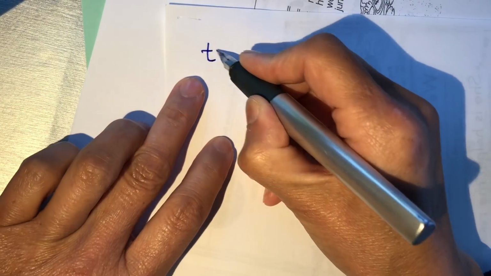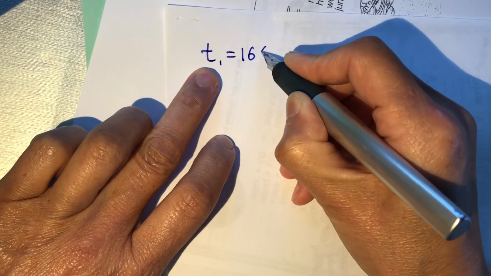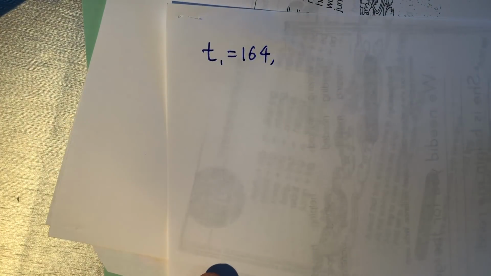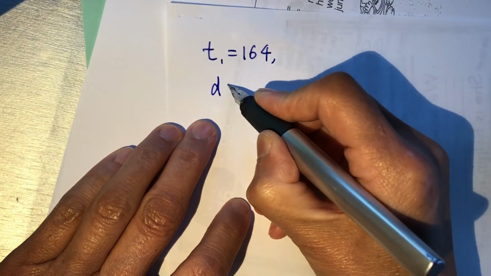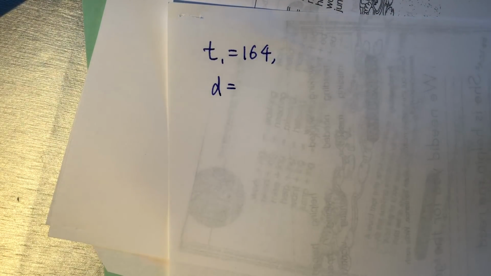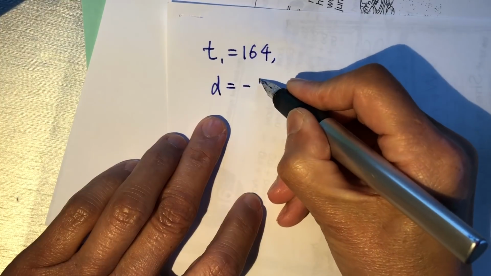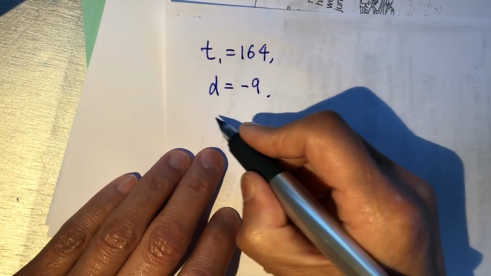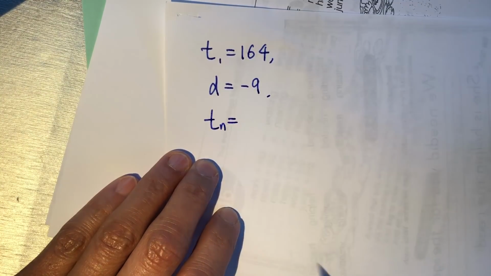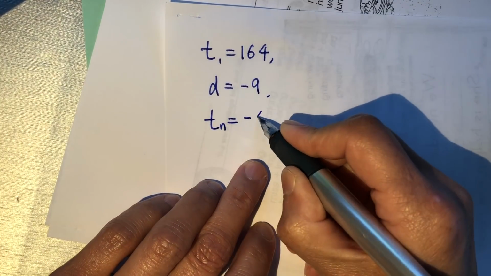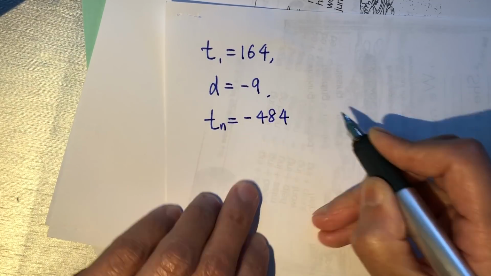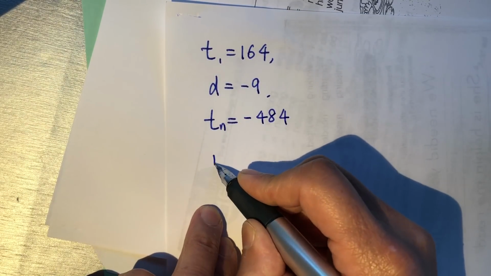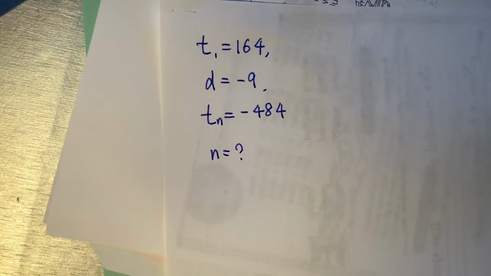So first we got T1 equal to 164, and we know the common difference d is negative 9, and we know Tn is negative 484. Now we look for n equal to how many?